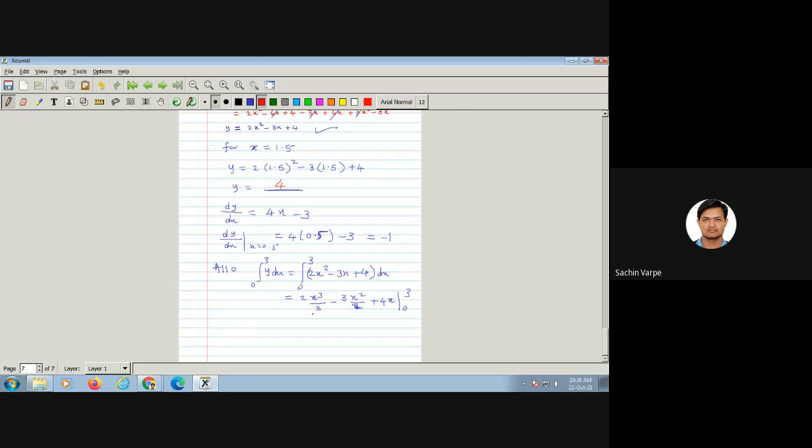And what about the integration value? 16.5. Okay, 16.5. dy by dx is minus 1.